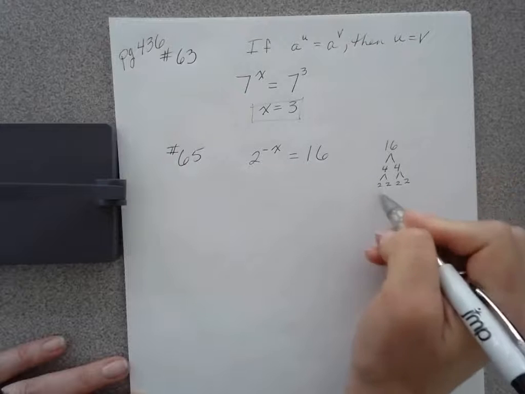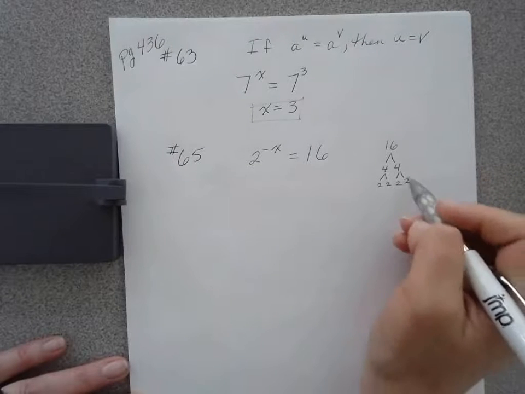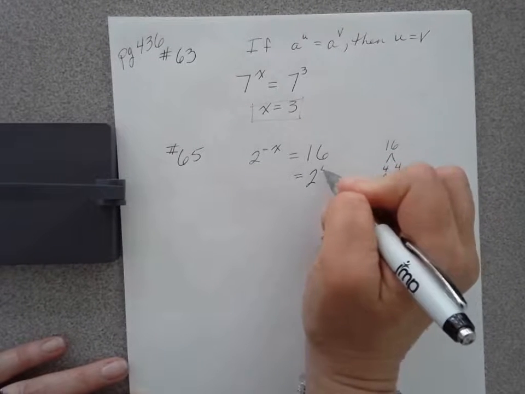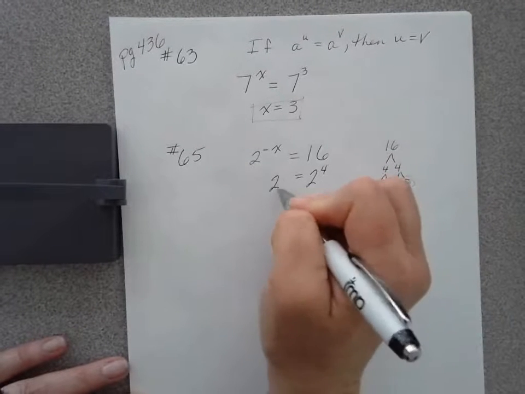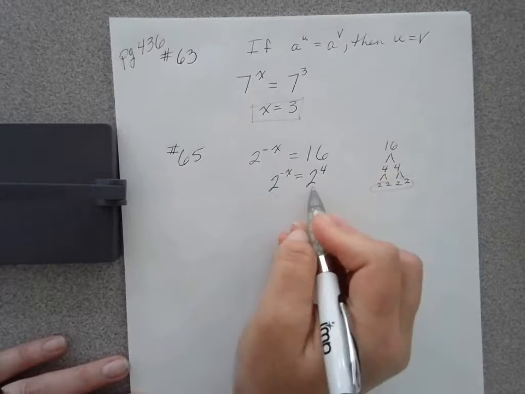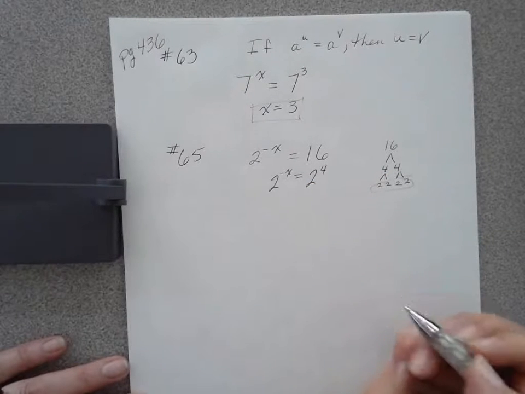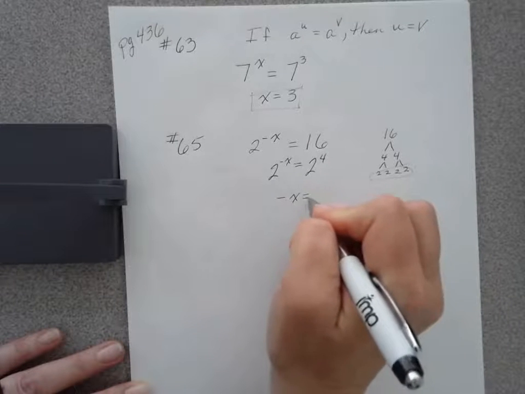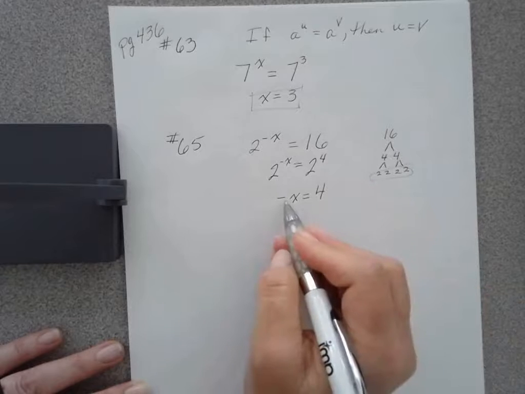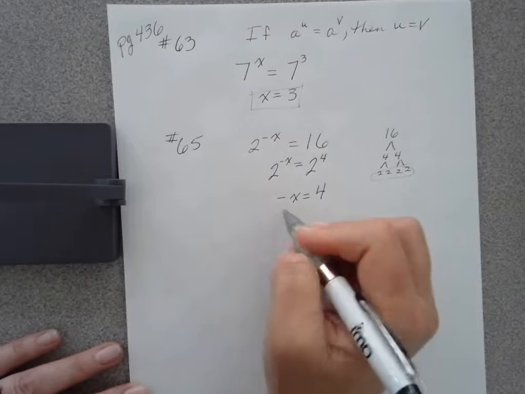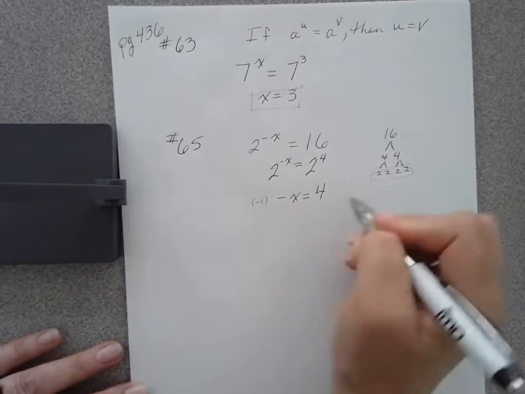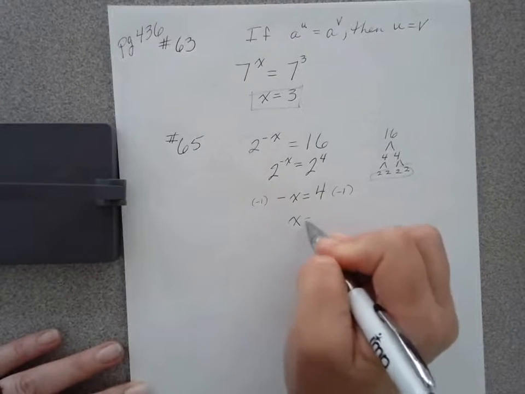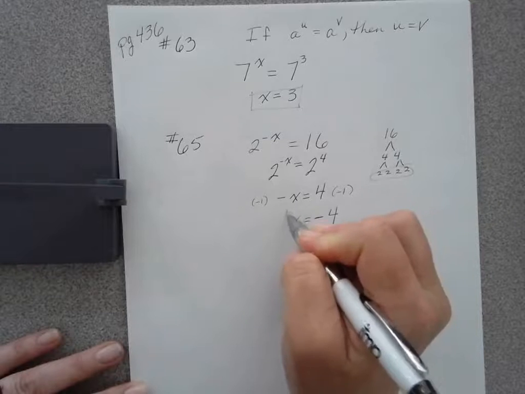So how many 2's do I multiply together to get 16? 4 2's. So 16 is equal to 2 to the 4th power. Since I can write it where it has the same base, I can set the exponents equal to each other. So negative x is equal to 4. And then solving for x, you want to multiply both sides by negative 1. So that's going to give me x equals negative 4.